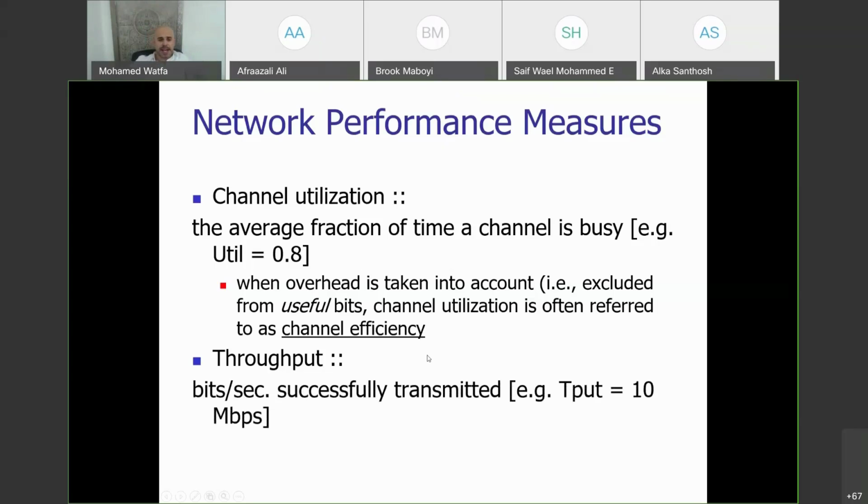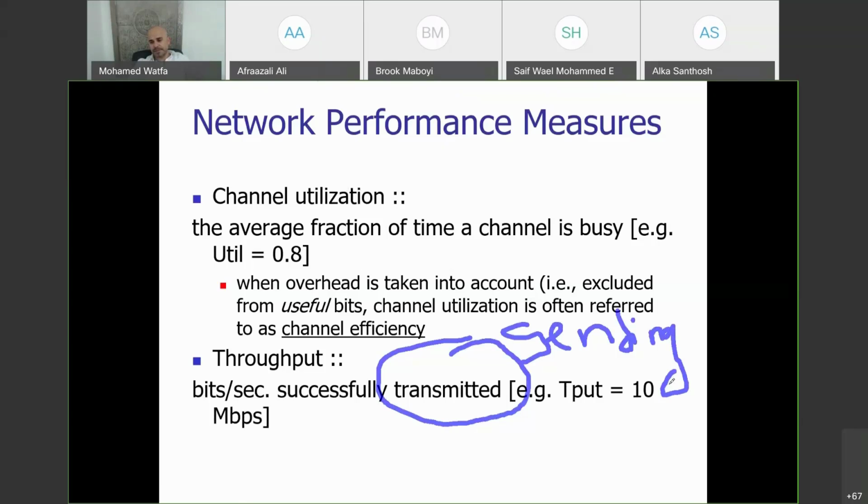Throughput is how many bits per second am I sending? One more time: sending, transmitted, sending. Okay, Fatima, I'll do that. Let's just finish this. How many bits per second am I sending is what we refer to as throughput. How many bits per second I'm receiving is what we refer to as, who could tell me?